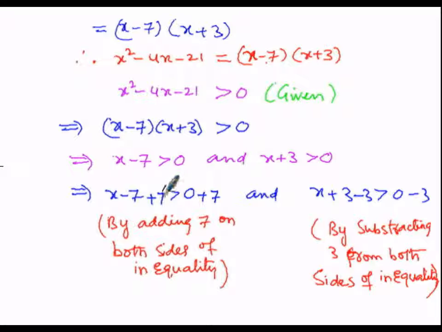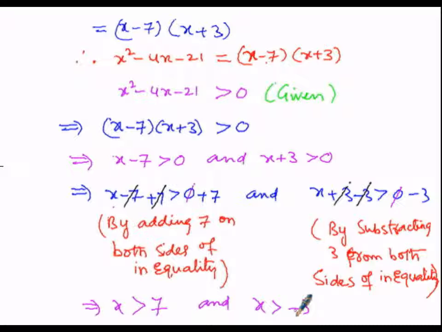Plus 7 and minus 7 get cancelled on the left hand side of the first inequality, and minus 3 and plus 3 get cancelled on the left side of the second inequality. Then the next logical step is x greater than, we can strike off this 0, and only 7 is left over. And x greater than, striking off this 0, only minus 3 is left over as the second inequality.